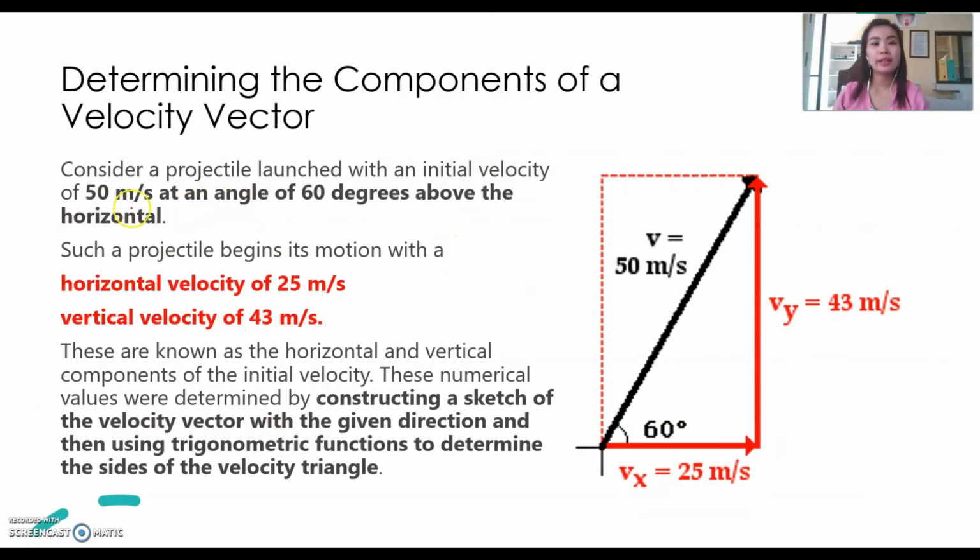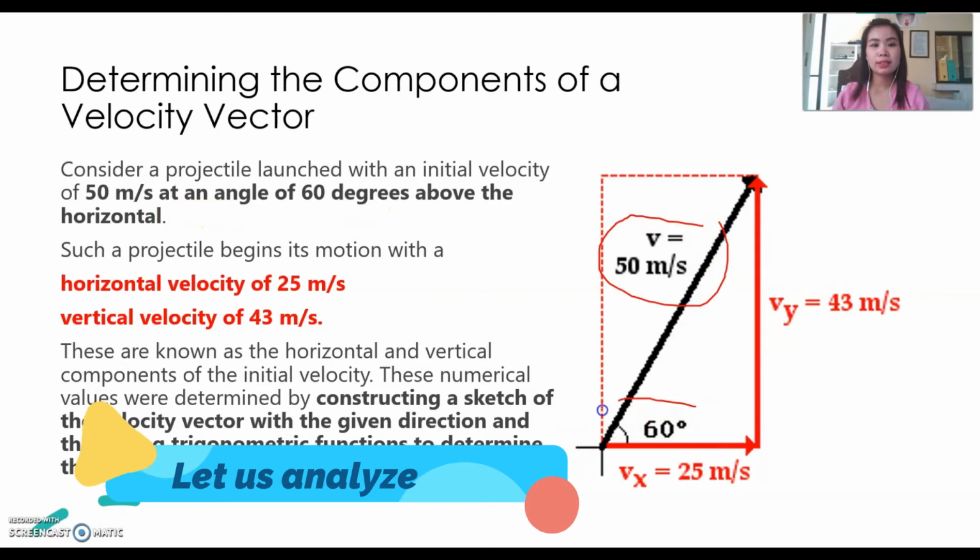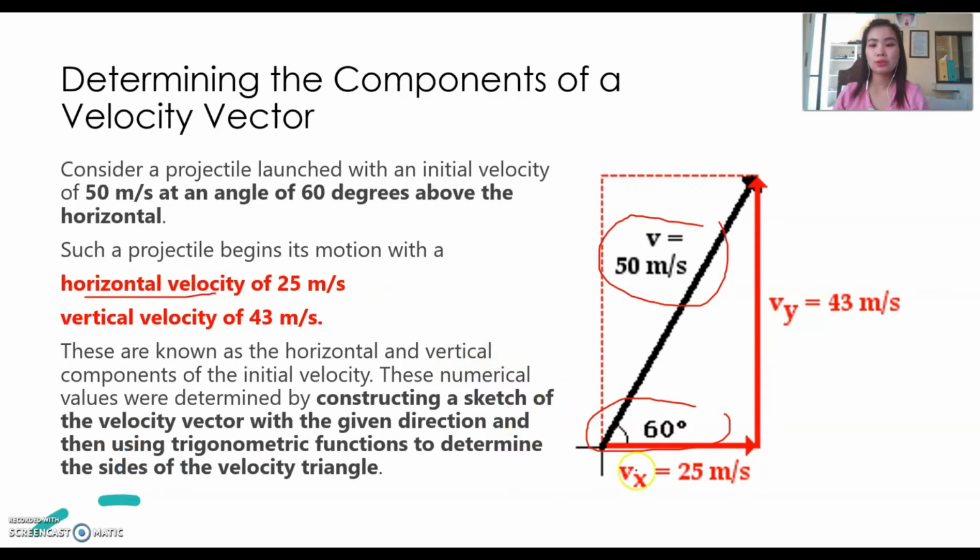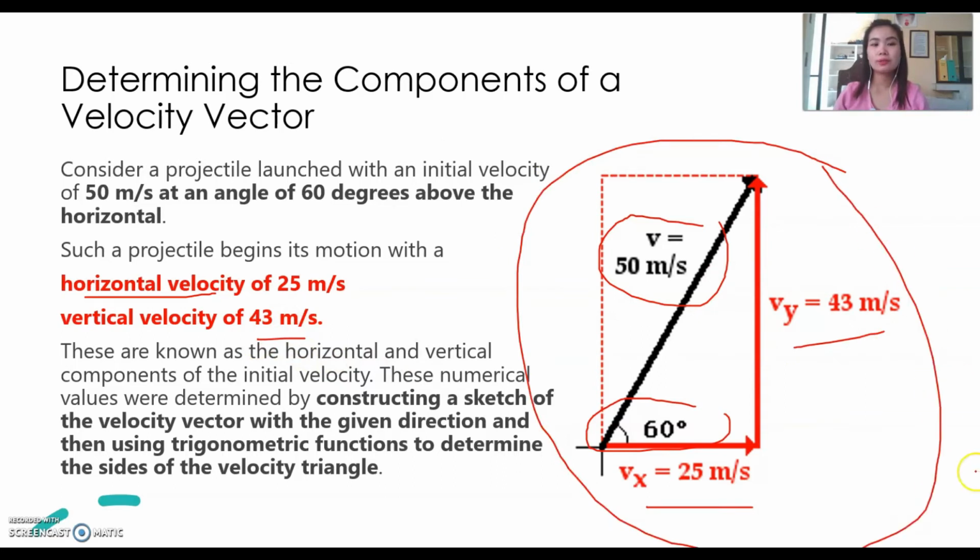For an example, we have here 50 meters per second at an angle of 60 degrees above the horizontal. We can describe that the horizontal velocity is 25 meters per second and the vertical velocity is 43 meters per second. Again, in this diagram, what is the horizontal velocity?